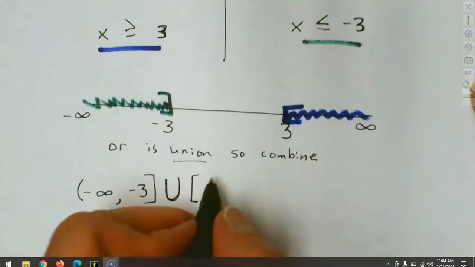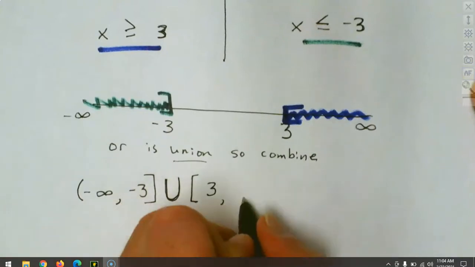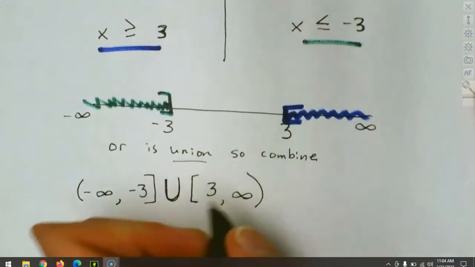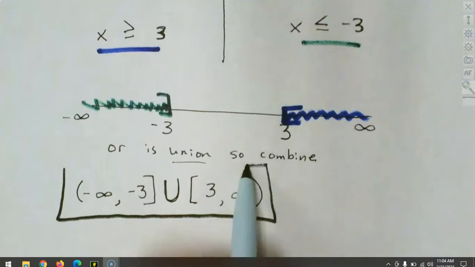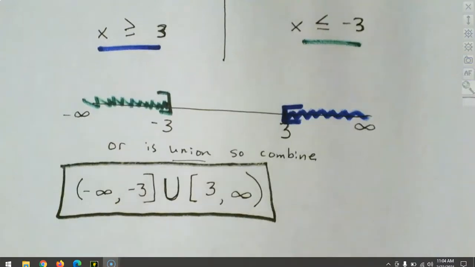And we're going to unite that with 3 to positive infinity there. So this would be your final finished answer. So you're basically putting the pieces together with a U for union.